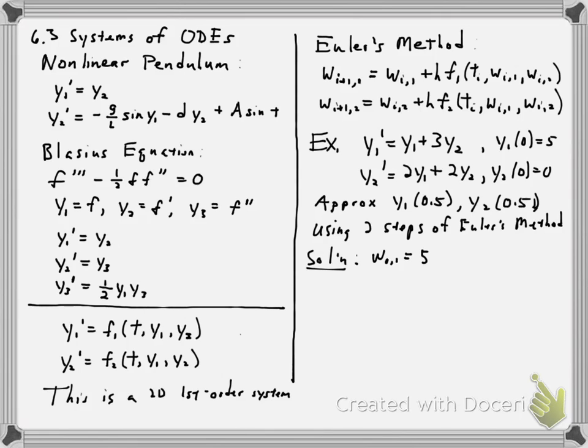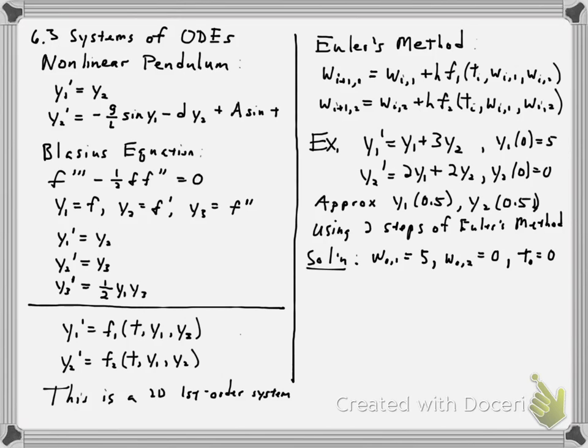Y1 of 0 was equal to 5, and w of 0,2 equals 0. So these are our initial conditions. Of course, we have t sub 0 equal to 0, and now we can use Euler's method.